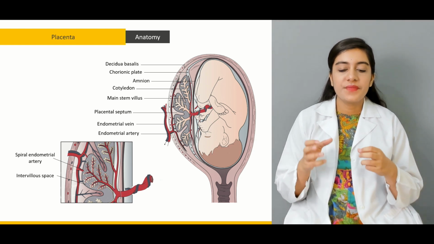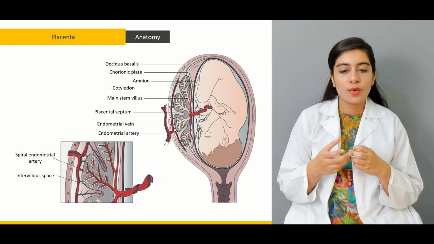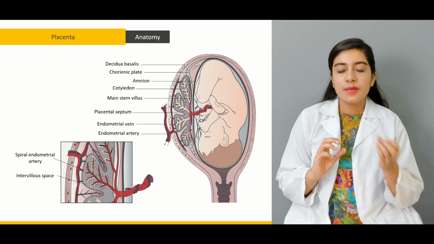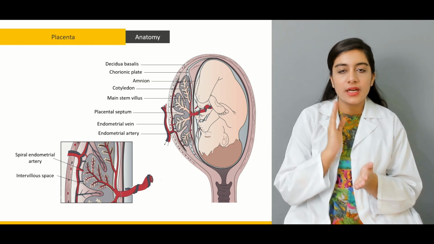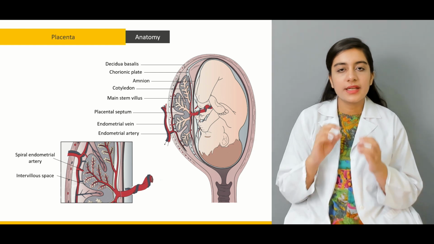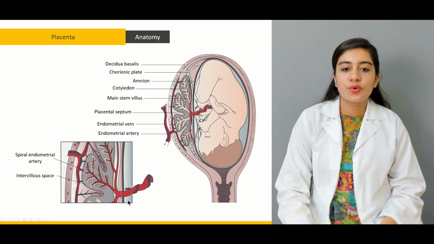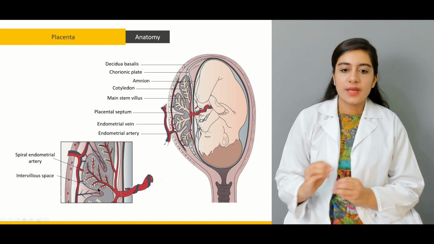So the blood supply systems of the fetus and the mother are totally different from each other. The only connection between the mother's blood and the fetus is that it is poured in these intervillous spaces, and from here it is absorbed.